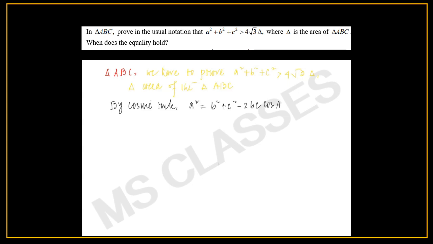But from the statement which we need to prove, we understand that we need a square plus b square plus c square on one side. So we add b square plus c square on both sides, so that we can get a square plus b square plus c square on one side.